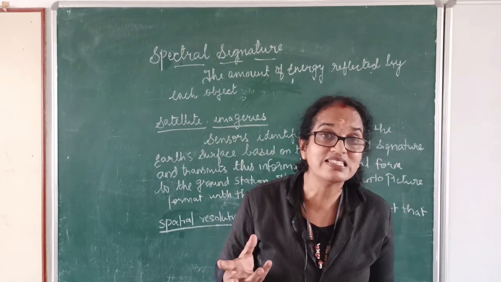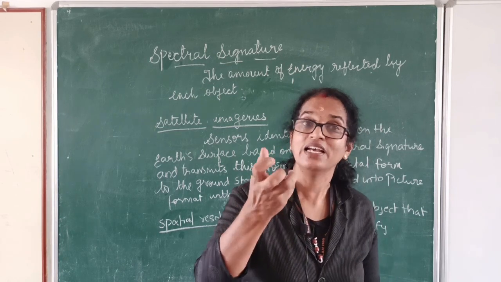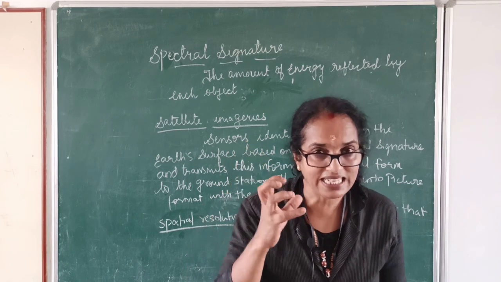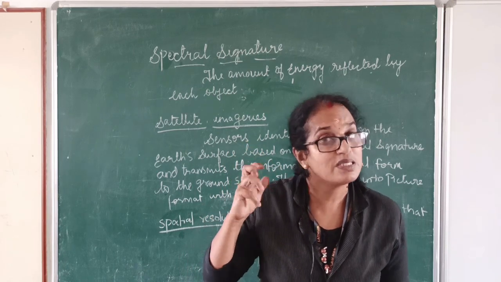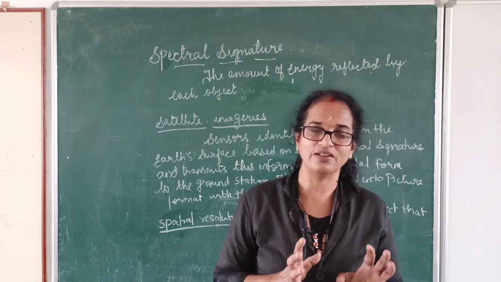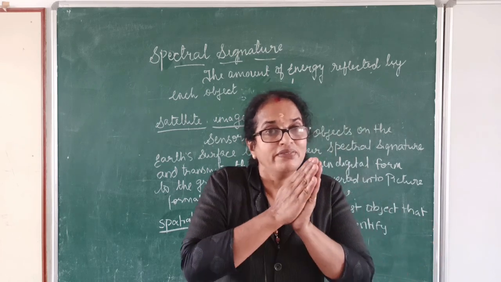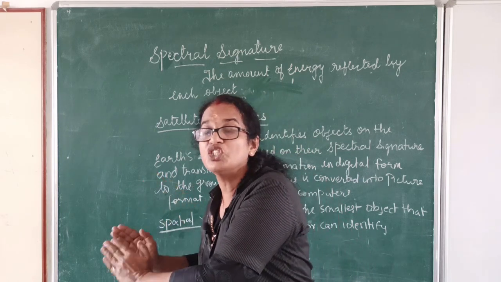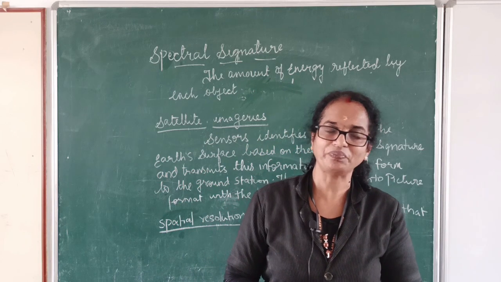Got it? What is spectral signature? The amount of energy reflected, the electromagnetic radiation recorded. The sensor will be recording the spectral signature of each object on the Earth's surface, and this will be transmitted to the terrestrial station.